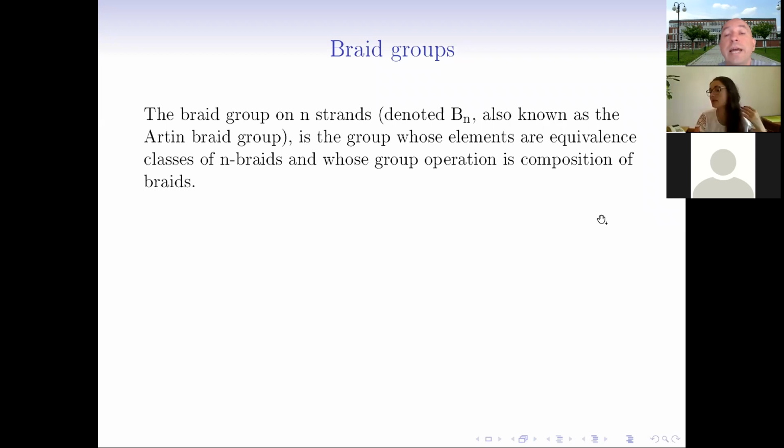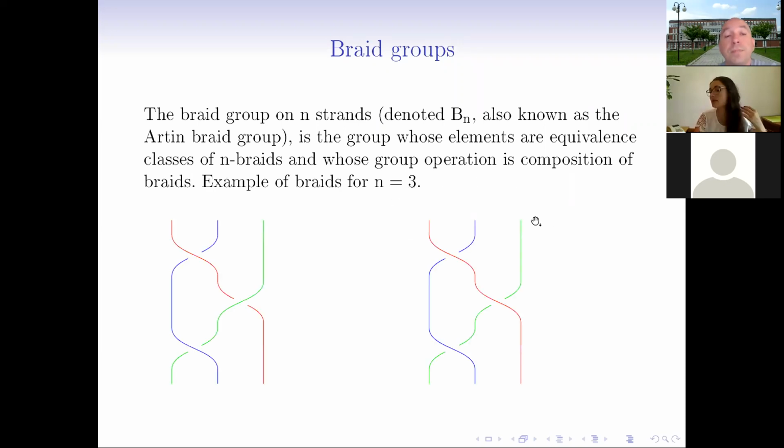This is the group whose elements are equivalence classes of n braids with respect to some sort of isotopy. But it's easier to show rather than to explain how it's defined. Its group operation is the composition of braids. So this is an example of 2 braids for n equals 3. I colored the threads or strands red, blue, and green.